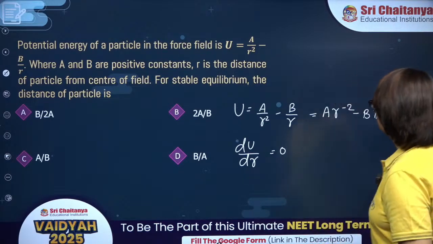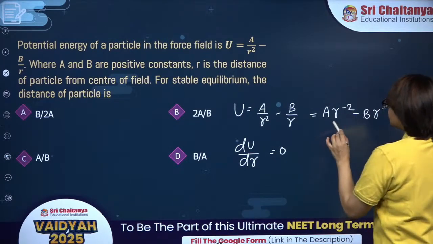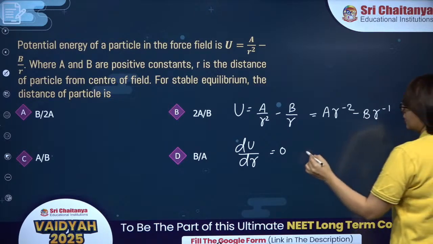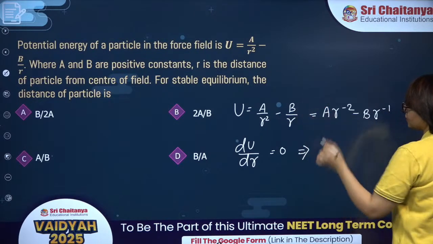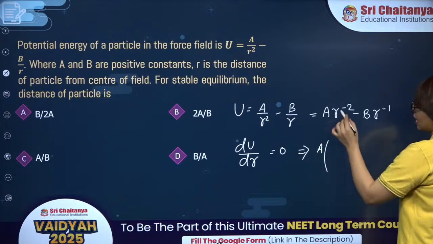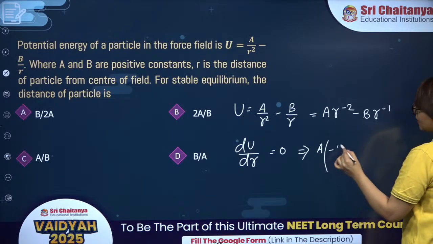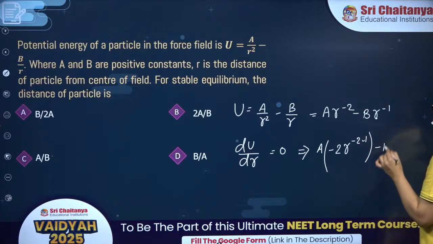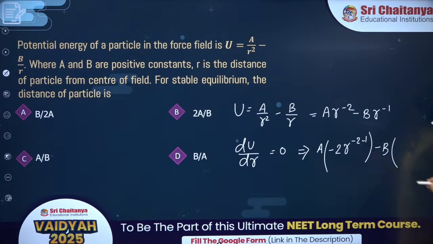right? So you can write U as A times r to the power minus 2 minus B times r to the power minus 1. Now differentiate U with respect to r, so it will be A times minus 2 times r to the power minus 2 minus 1, minus B times minus 1 times r to the power minus 1 minus 1.